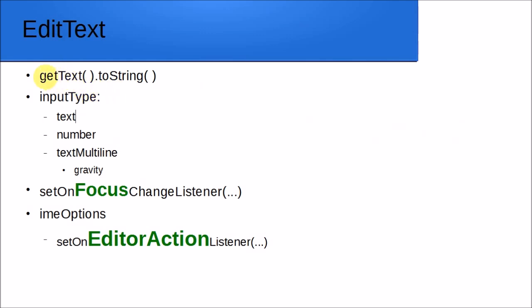The simplest thing to do is just call get text, and then get the string of the edit text. There are additional events like on focus and editor action that let you interact with the text boxes as people type stuff in.